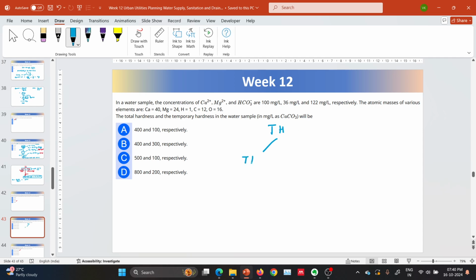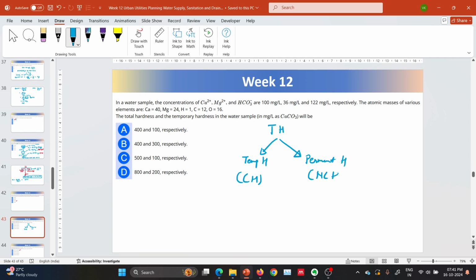Temporary hardness is also called carbonate hardness. Total hardness has two components, one is temporary and one is permanent.